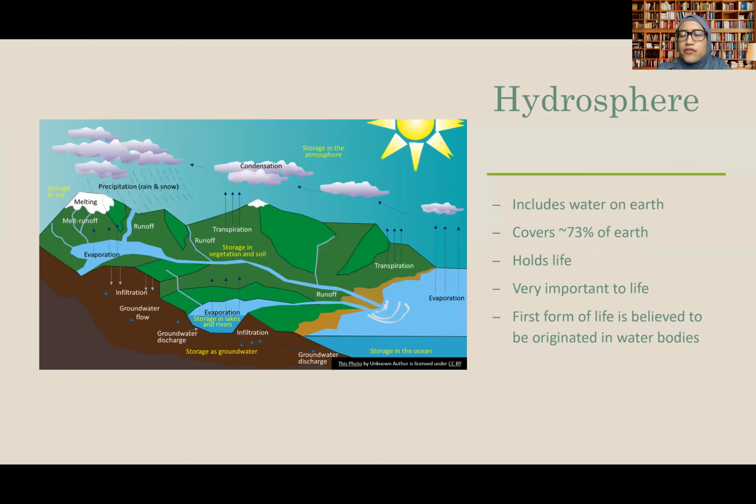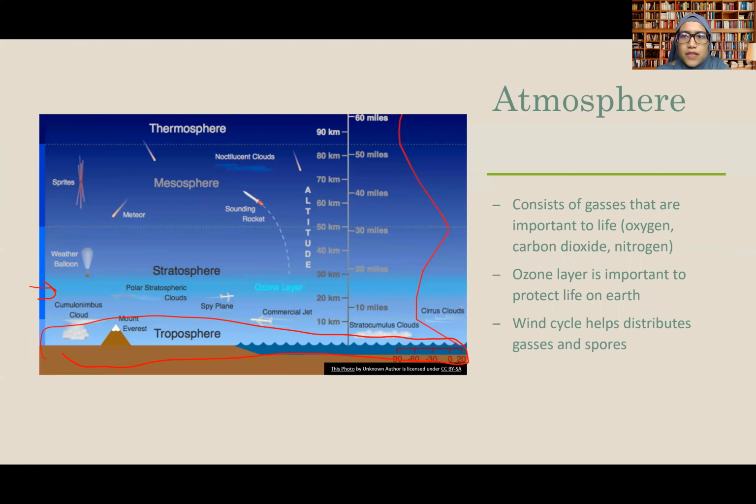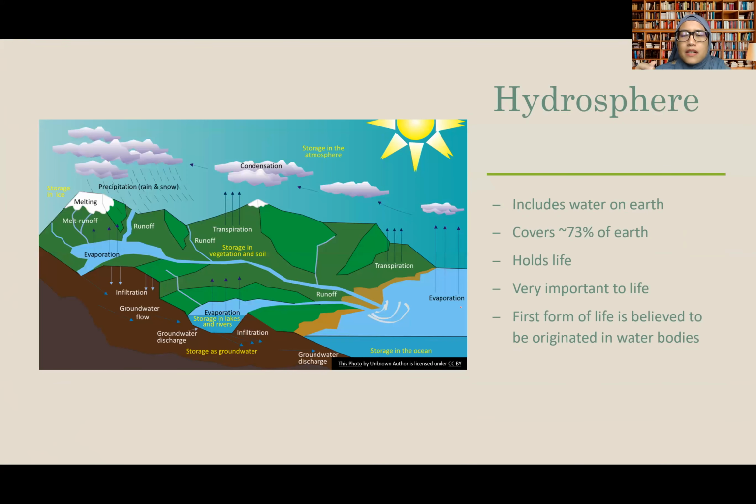So hydrosphere. I don't really cover a lot about atmosphere, hydrosphere, lithosphere because I know that you will take courses for each one of them. So we will just cover a little bit what makes these spheres part of the components of biosphere. Hydrosphere includes water on Earth, covers around 73% of Earth.